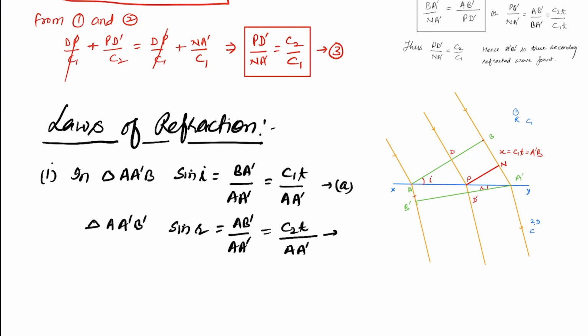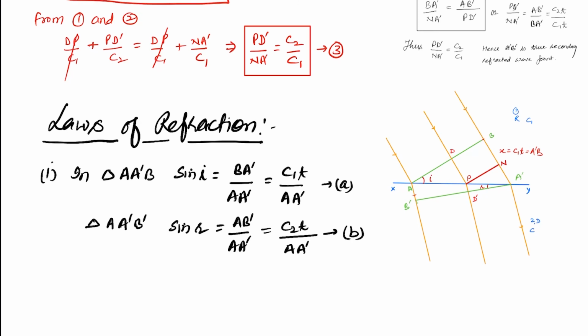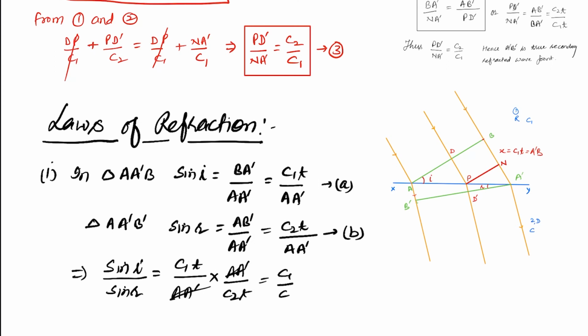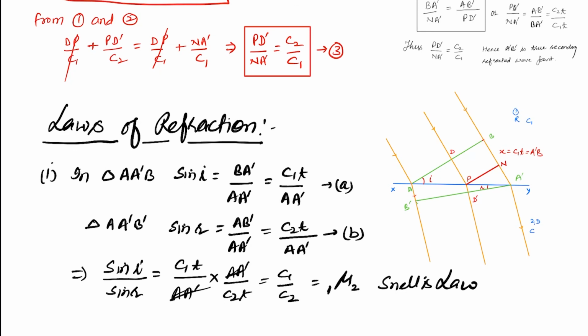This is say B. Now the ratio of these two, sine I by sine R, is equal to C1T divided by AA dash multiplied by AA dash over C2T. Cancelling out AA dash, we get C1 by C2, which is equal to mu2 by mu1, which is Snell's law, the first law of refraction.